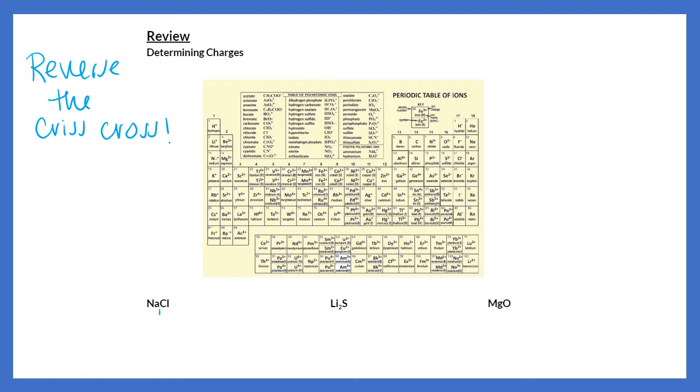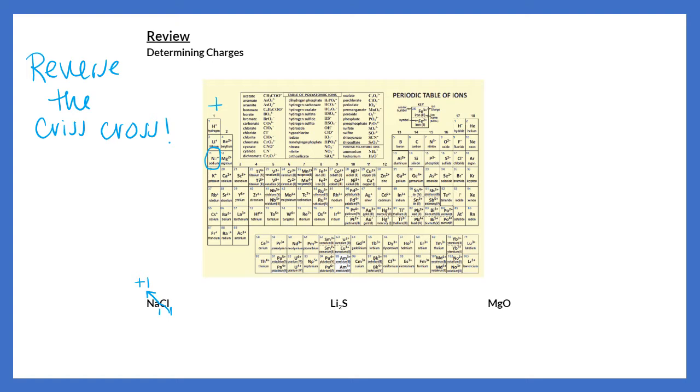Na has 1 and chlorine has 1. Na is a metal, and we know metals take positive charges. So this 1 from the chlorine reverse crisscrosses up, and sodium takes a +1 charge.